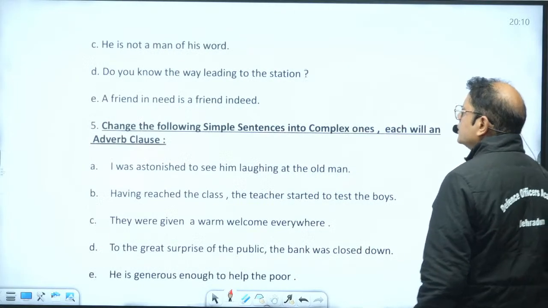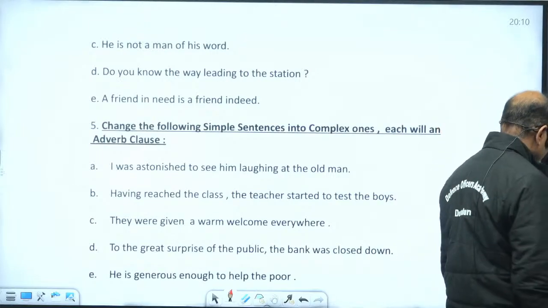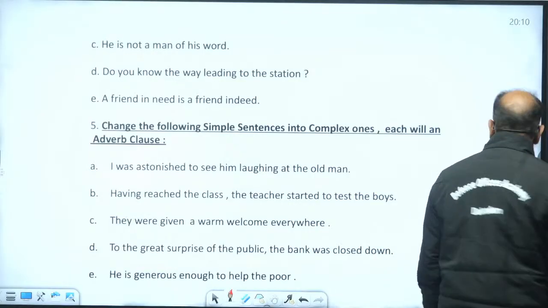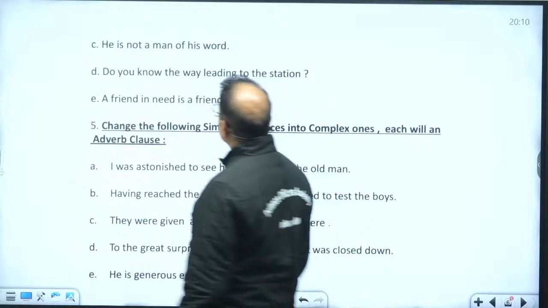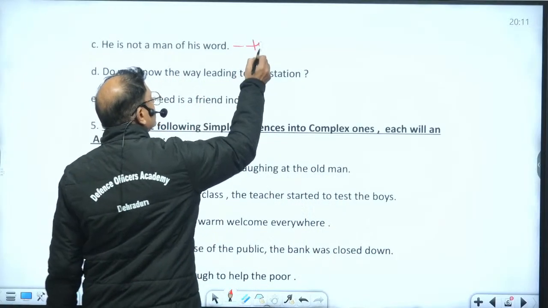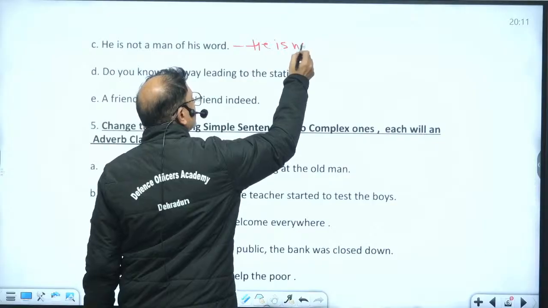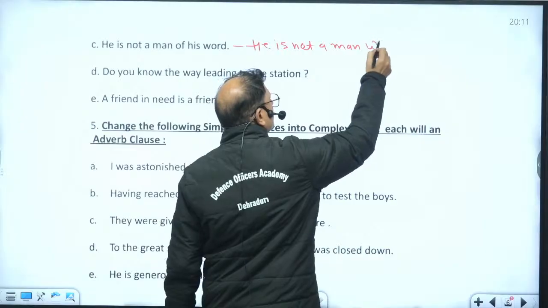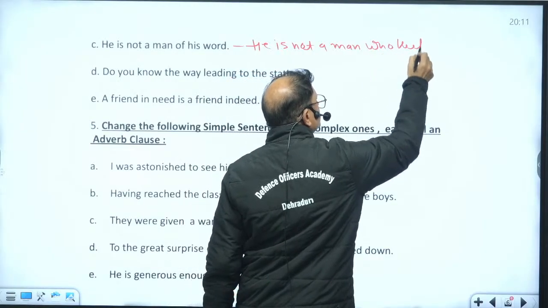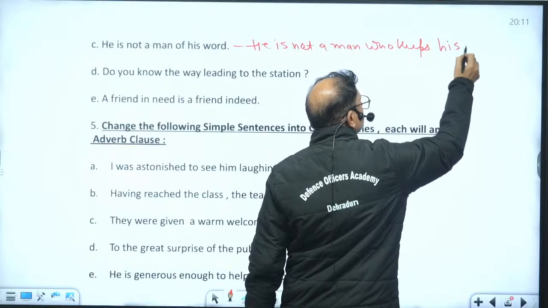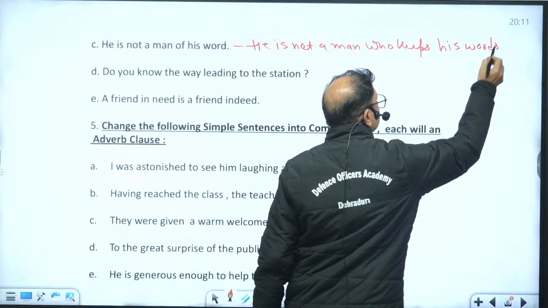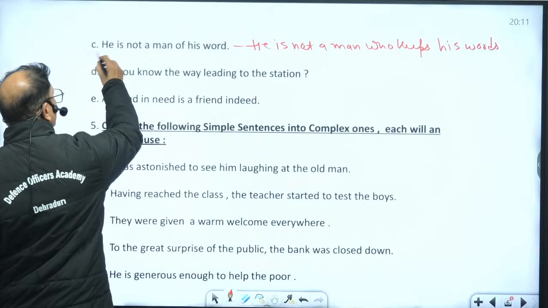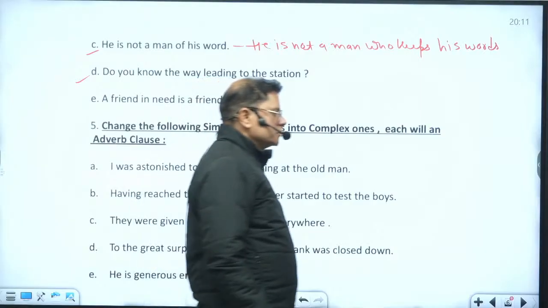Let's move on. He is not a man of his word. He is not a man who keeps his words. Okay, do you know the way leading to station?